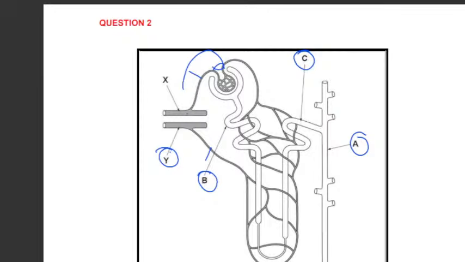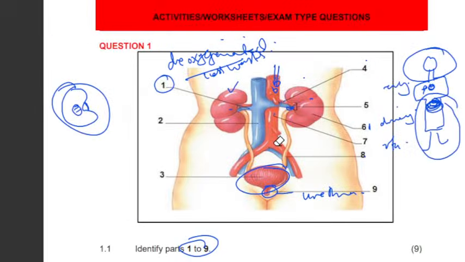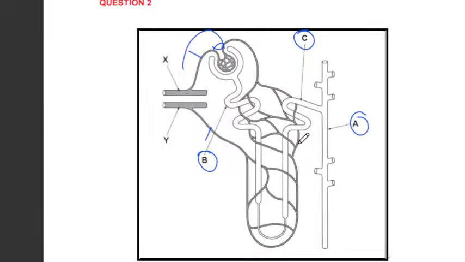But now, this question is asking you to look critically. If we go back here, this is the renal artery, and this one is the renal vein. The moment it enters the kidney, it becomes afferent and efferent. So what are they asking? Before entering the kidney or after entering the kidney? They're asking before entering the kidney.